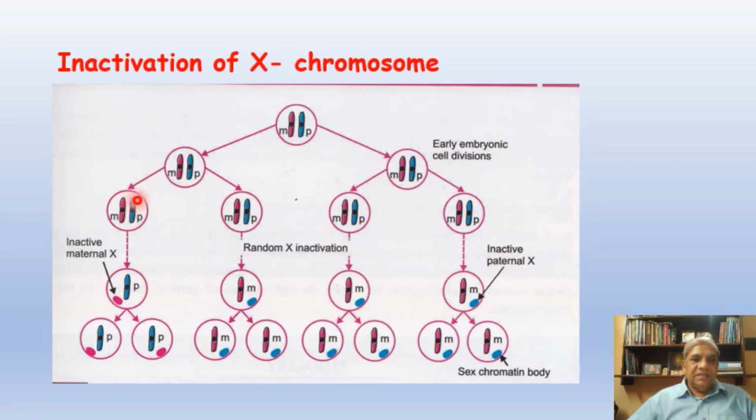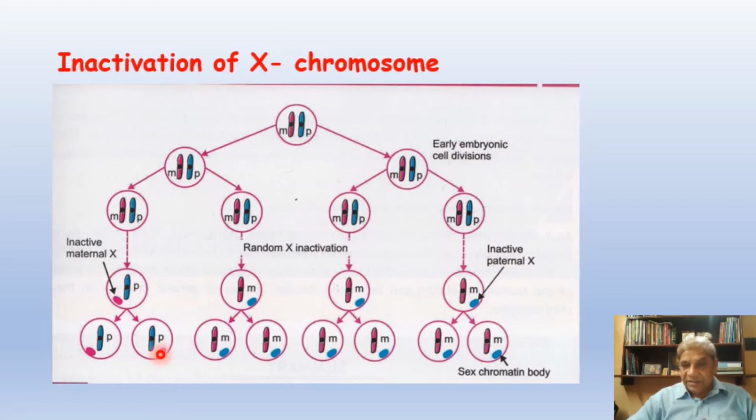Say here in this cell, this red color X chromosome, which has come from the mother, will become inactive and will form the bar body. And then in all subsequent cell divisions, the maternal chromosome will always remain inactive.